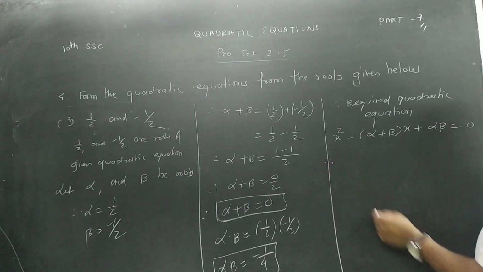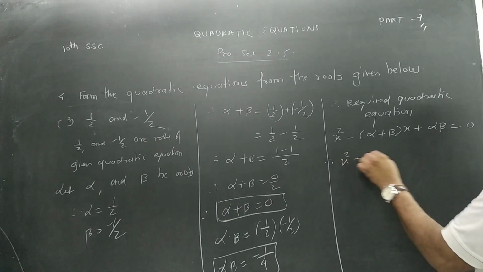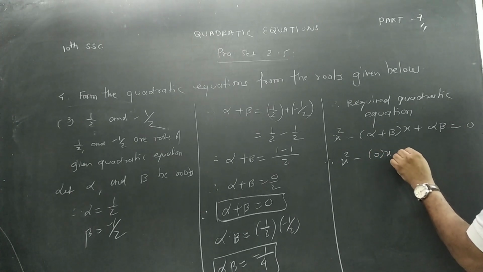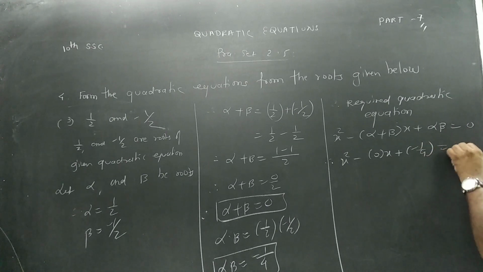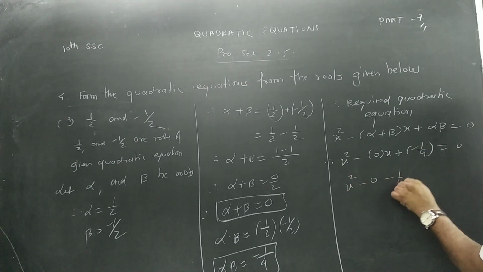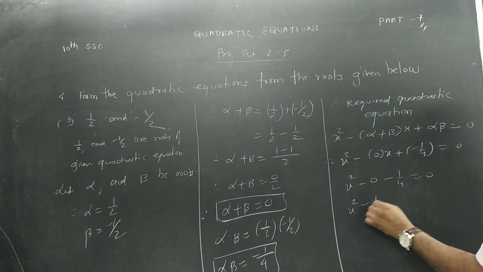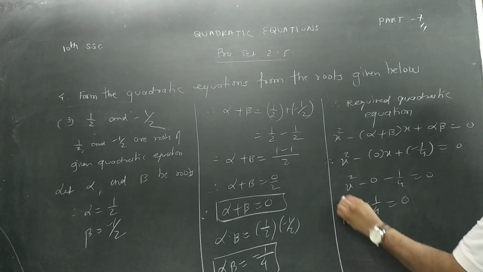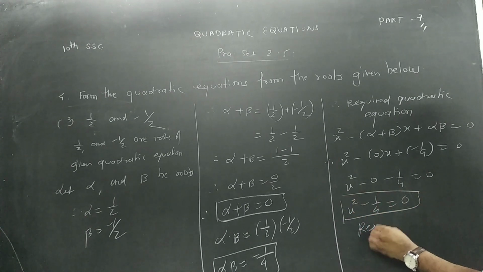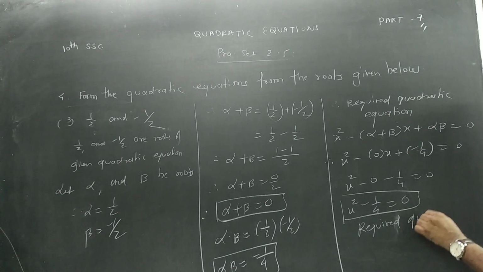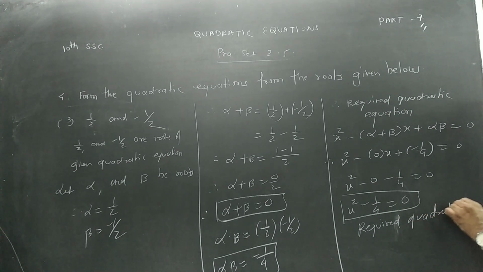Therefore, x square is x square only, minus (alpha plus beta) is 0x, plus minus 1 upon 4 is equal to 0. So x square minus 0 minus 1 upon 4 is equal to 0. X square minus 1 upon 4 is equal to 0. This is the required quadratic equation.